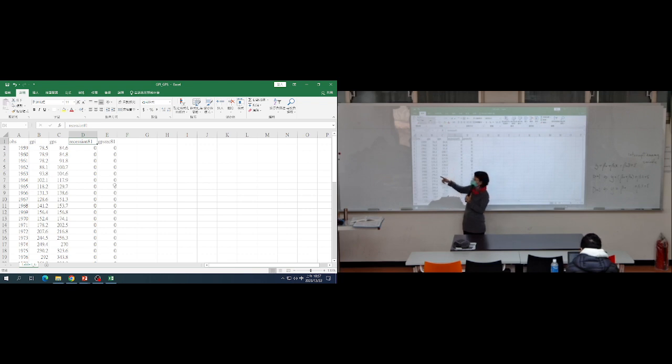The second one is GPI as the Y variable, then GPS and the recession as an intercept dummy variable. And this is the slope dummy variable. Please run the three equations. I have already created the interaction term.